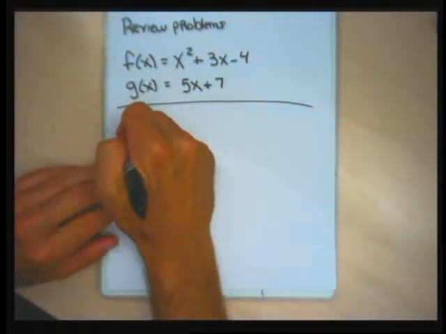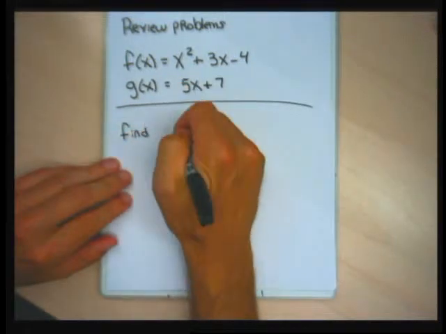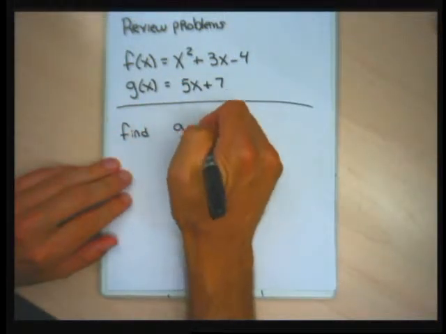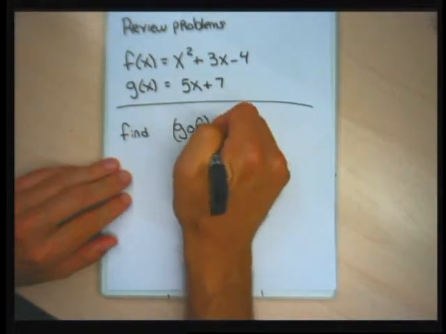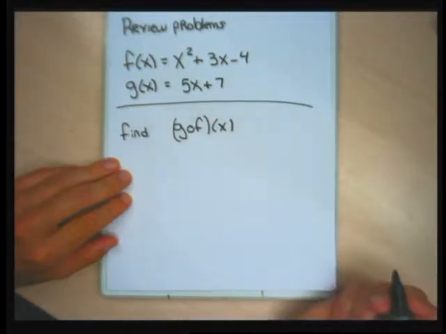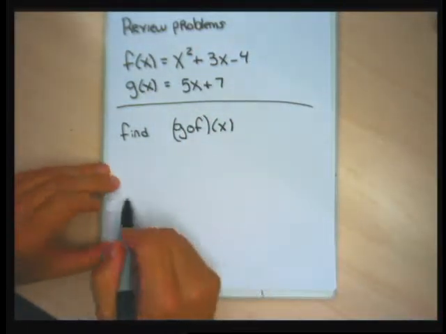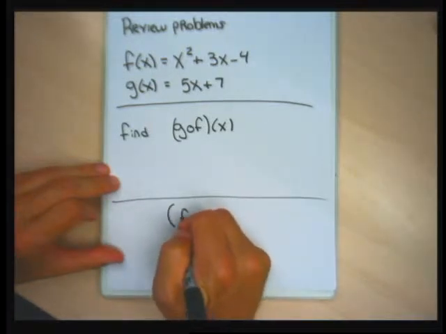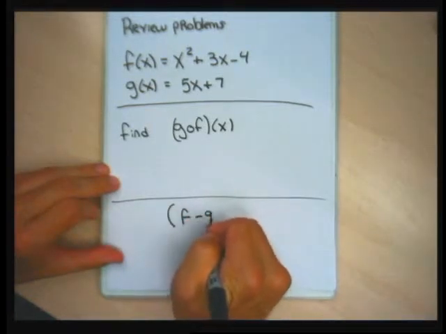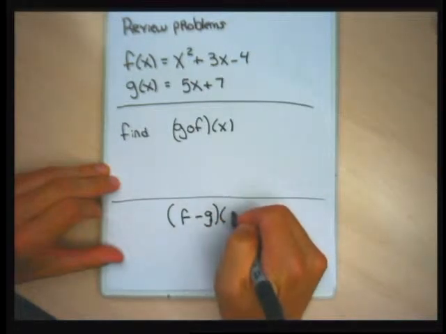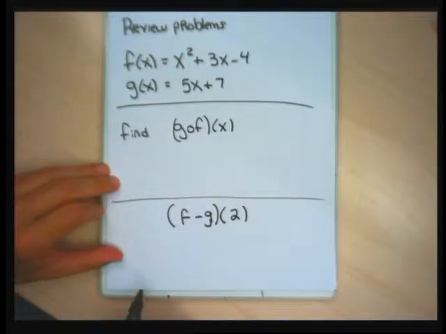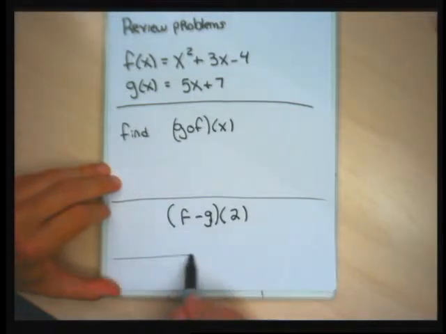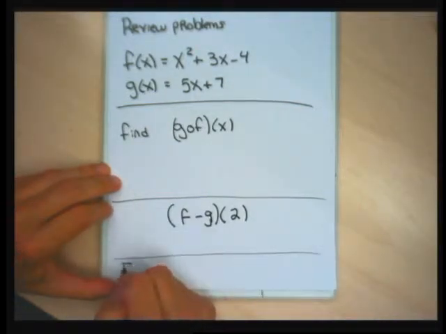Now first I want to go find g composed with f of x, and then I'm going to do a second problem, find f minus g of 2, and then find the inverse of g.